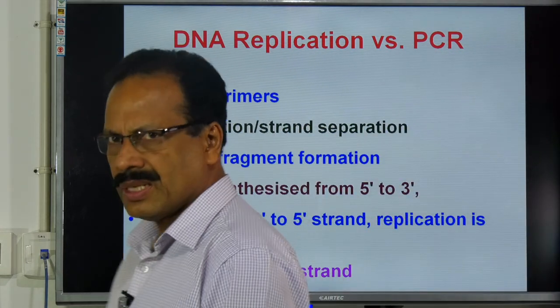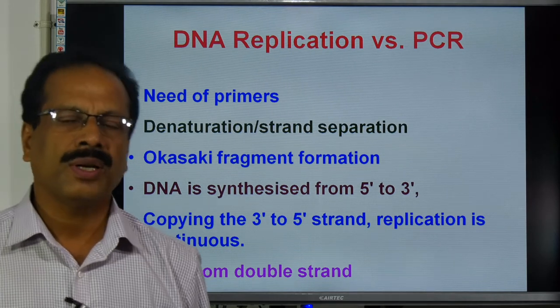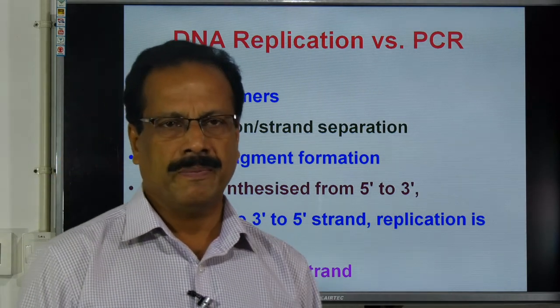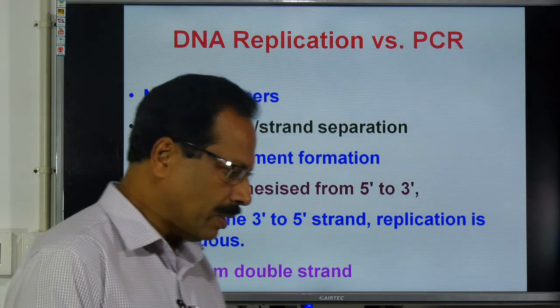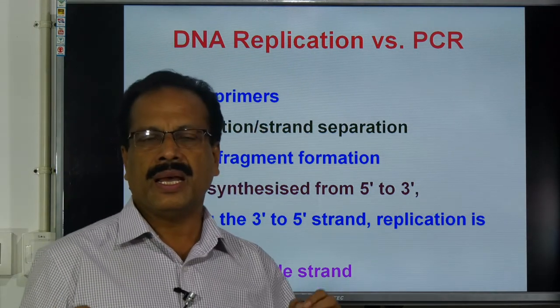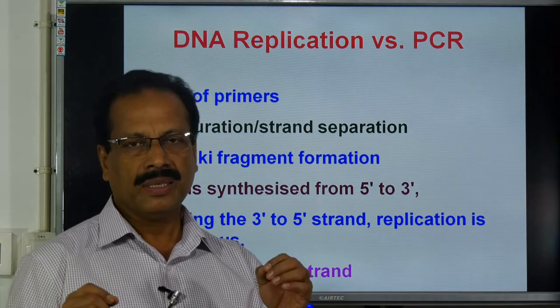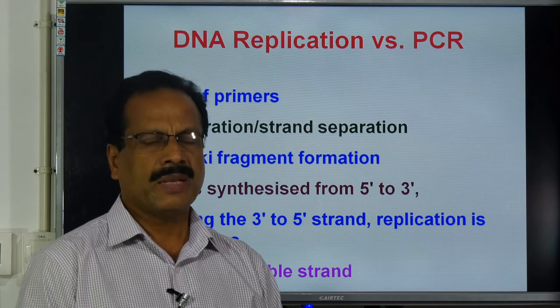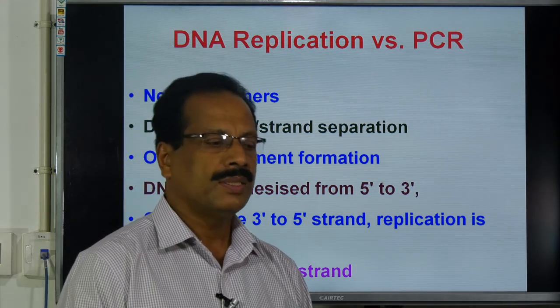The PCR and the natural DNA synthesis in the cell differ slightly in the mode of action. In the case of PCR, we are providing an artificial atmosphere outside the cell. Everything is provided except a few enzymes which are normally used in the cells for the synthesis of DNA.